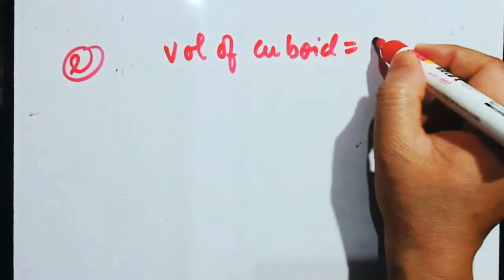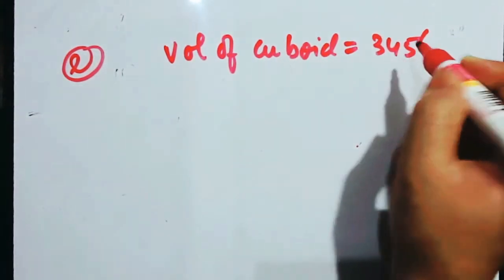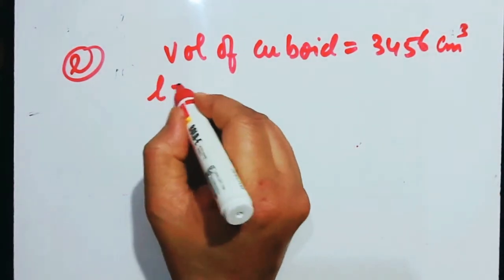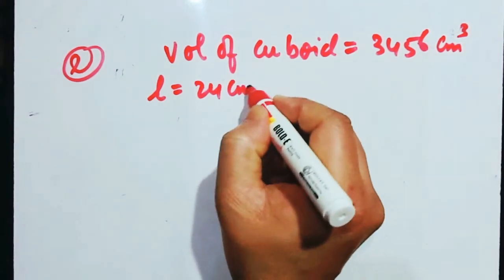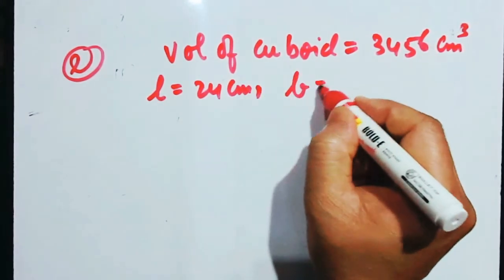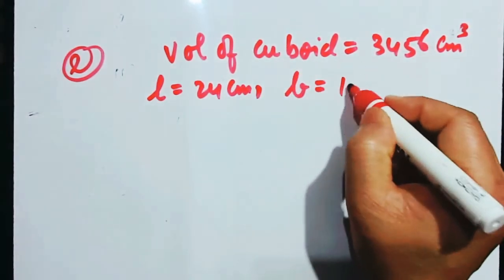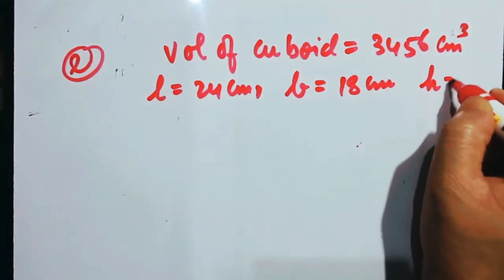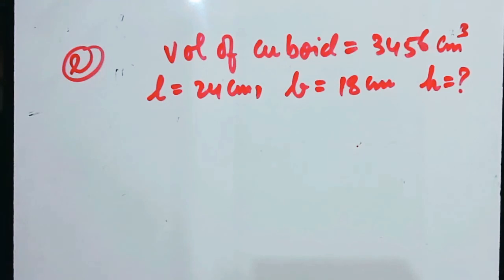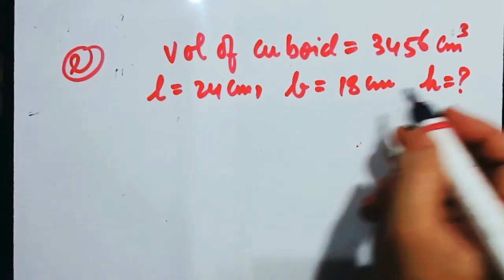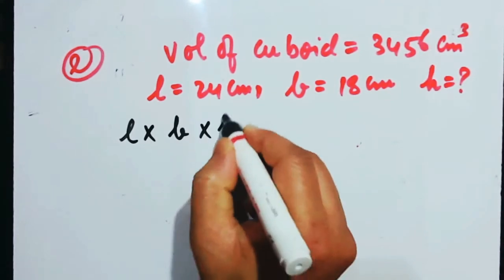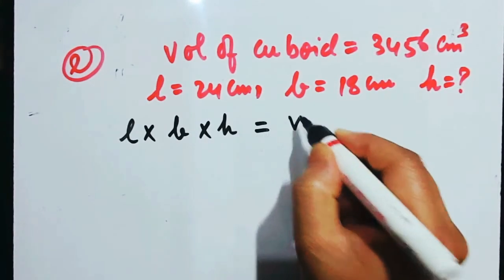is equal to 3456 centimeter cube. Fine. The length is given as 24 centimeter. Okay. Breadth is also given as 18 centimeter. And then they say that H is not given, so please find it out. So I am going to put this into the formula. L into B into H is equal to my volume.